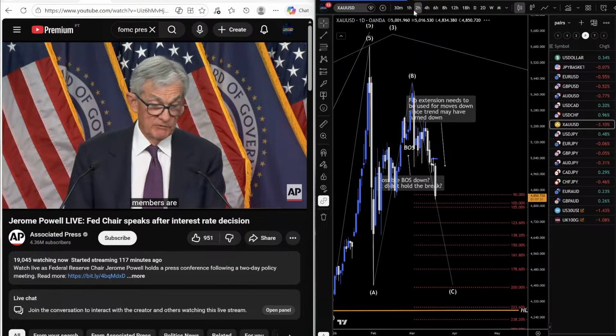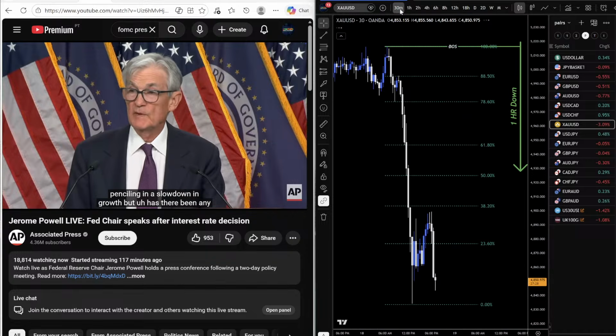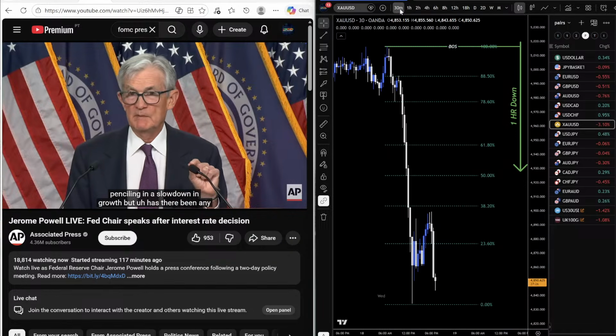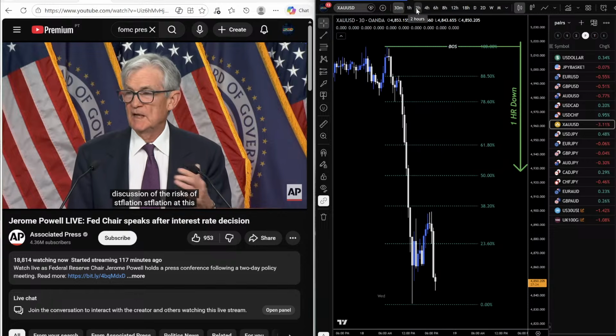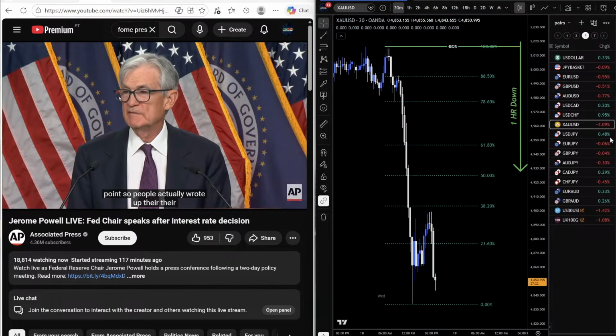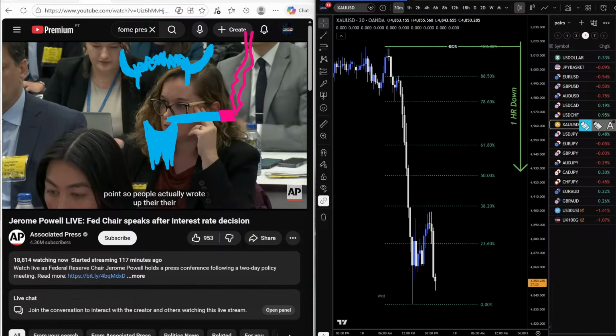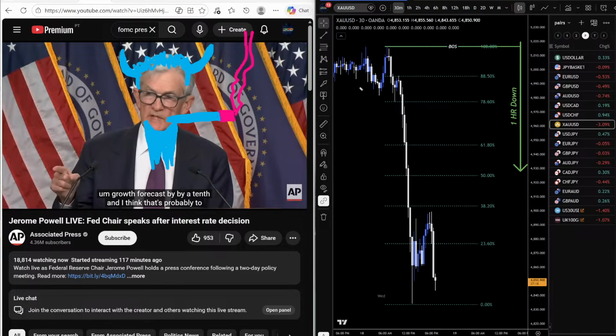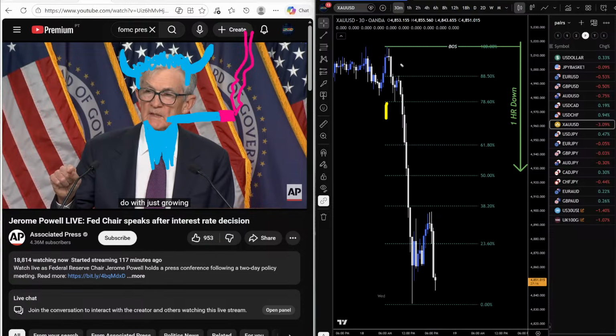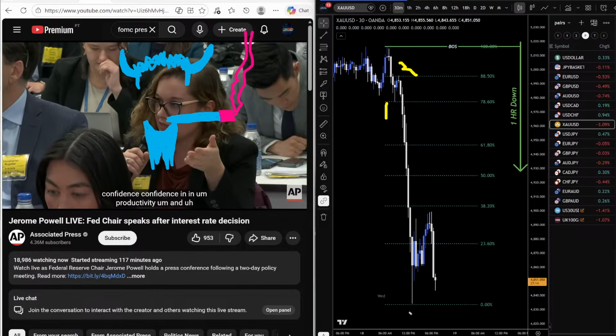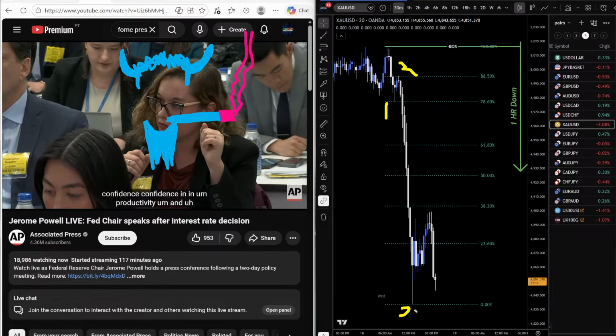So people actually wrote up their growth forecast by a tenth, and I think that's probably to do with just growing confidence in productivity. But sorry, and your second question was just, if there have been any discussions about the risk of a stagflation scenario.